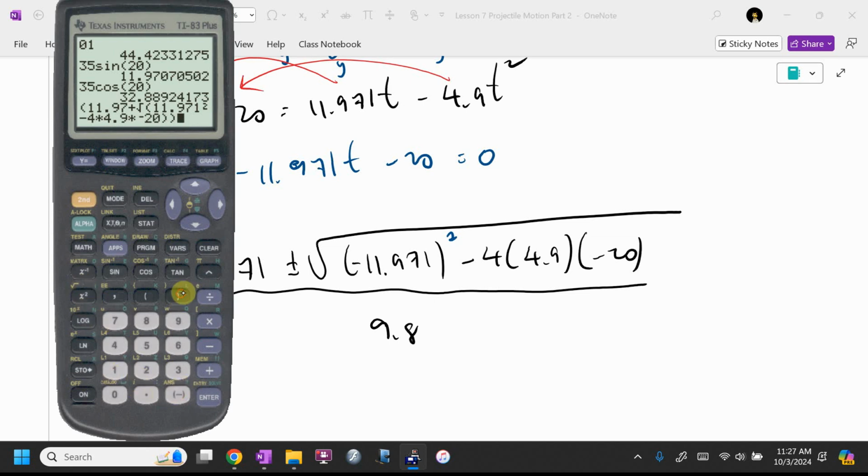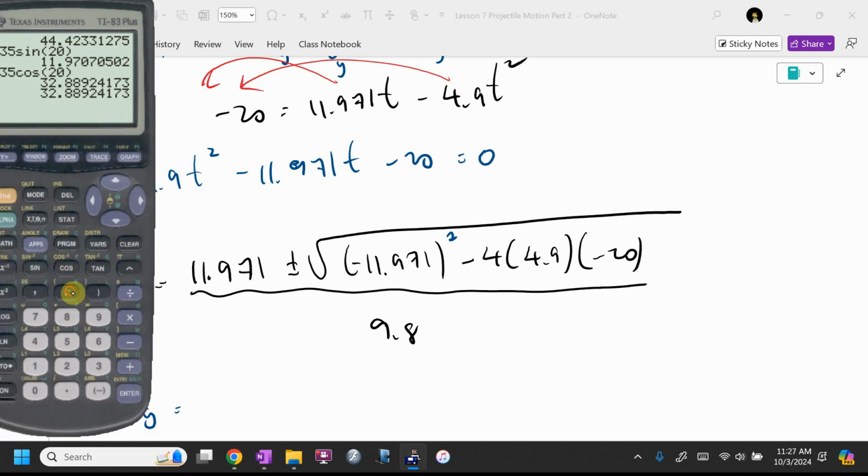Close off the square root, close off the top, divided by 9.8. Shoot, I lost it all. That's a pain. Start over, Mr. Dueck. Bracket 11.971 plus square root bracket 11.971 squared minus 4 times 4.9 times negative 20, close off the square root, close off the top, divided by 9.8.